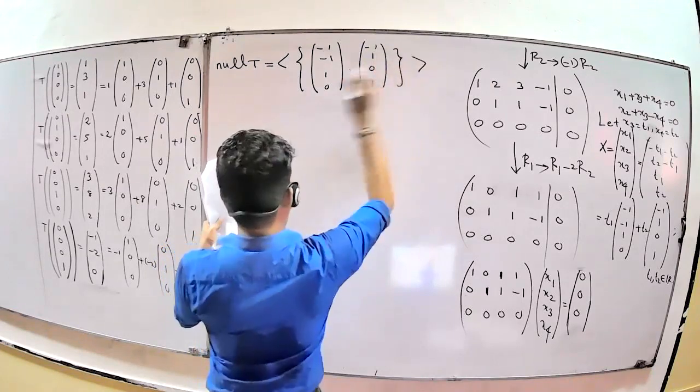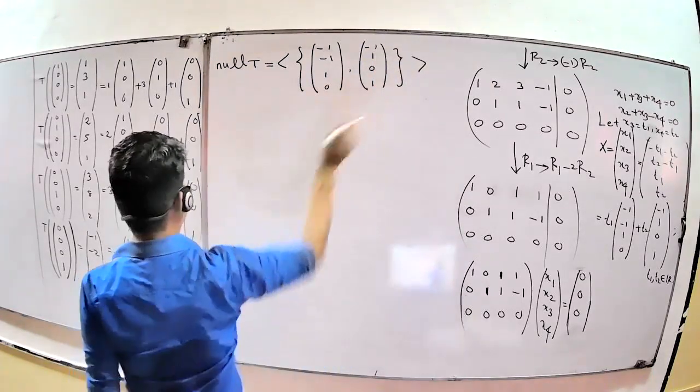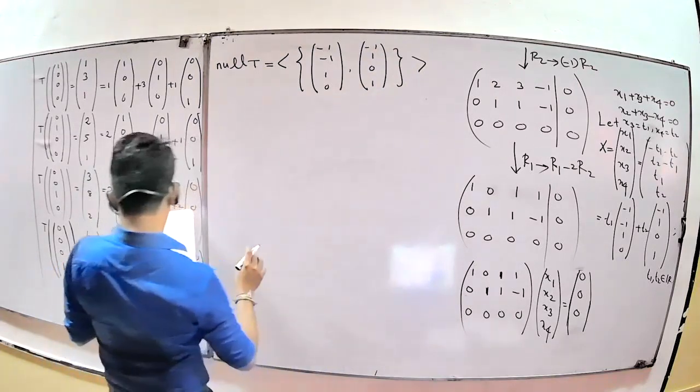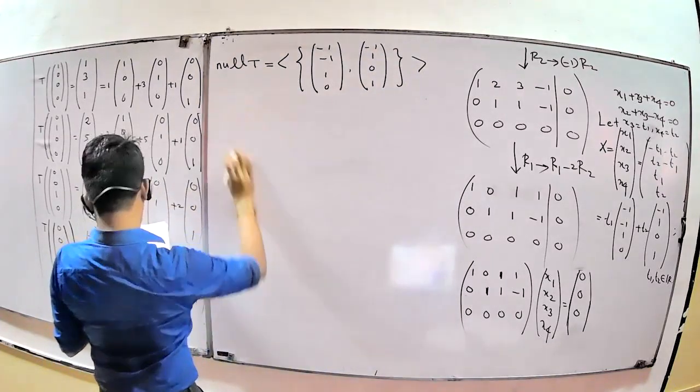These are the bases. The span condition is satisfied, and they are linearly independent.